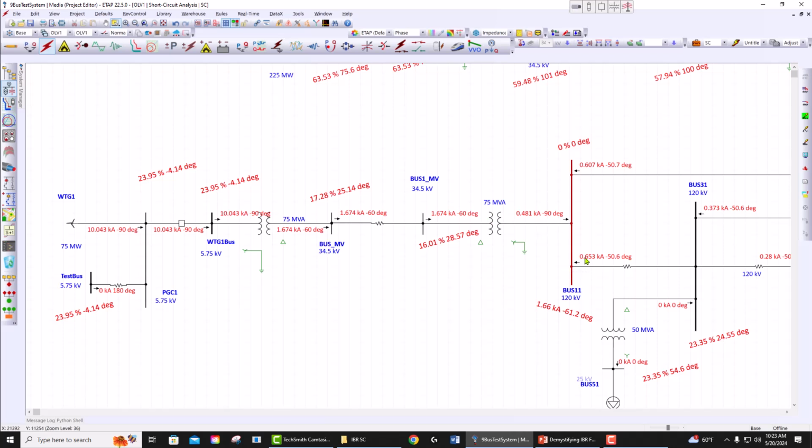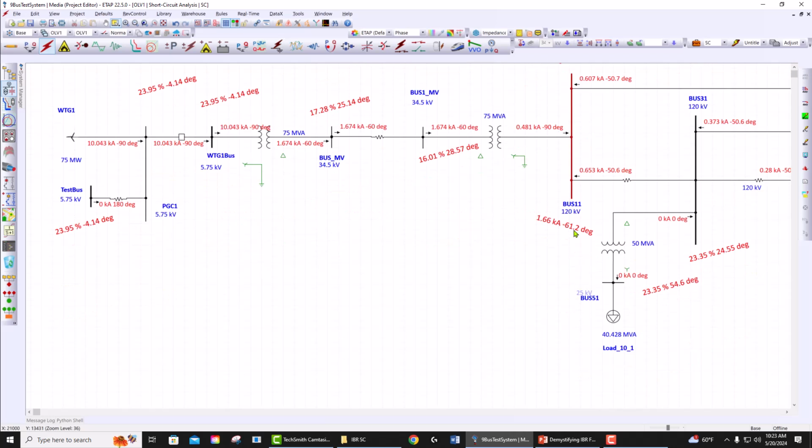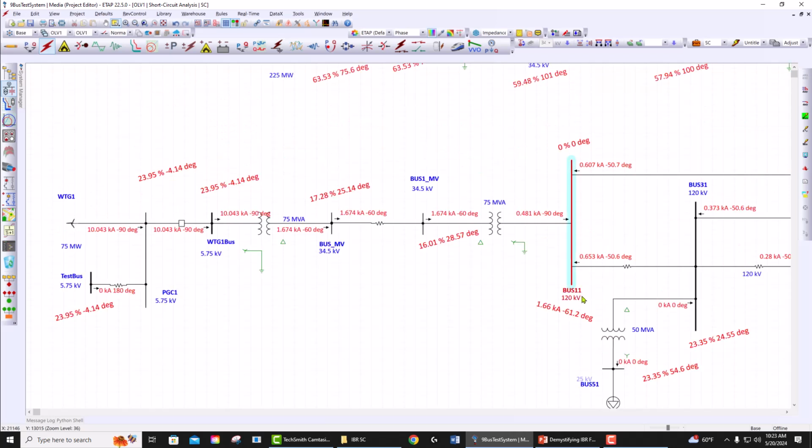Now, you may say that, okay, I'm interested in getting the maximum fault current here. I'm getting 0.6, about 1.2 from here, and 0.48 from this side. Now, this current is minus 50, this current is minus 90. So you see that it is a vector sum.